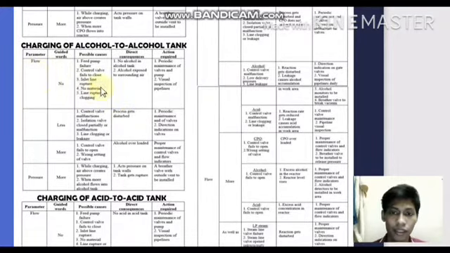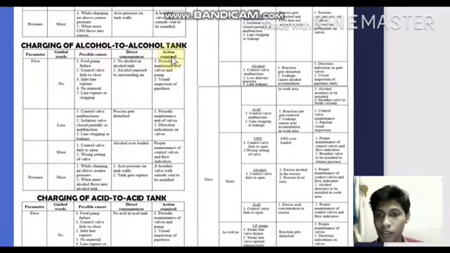The possible cause, direct consequence, and action required are also almost the same. We determine the possible cause, such as if there is no flow, what will happen.